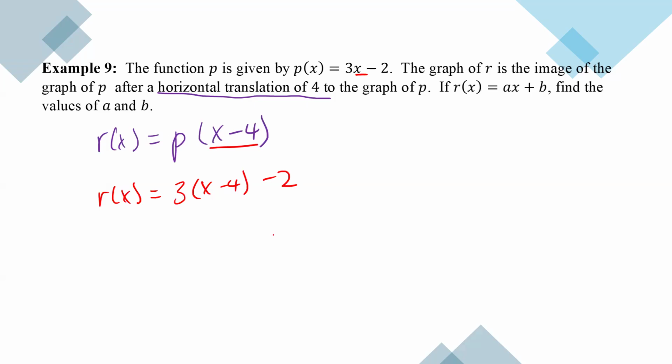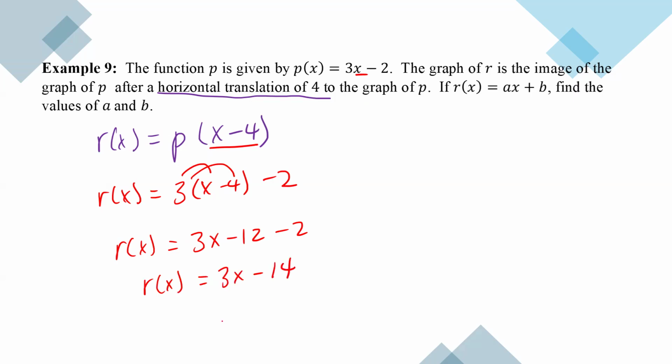So x minus 4 takes the place of x. Yes. And now we just have to clean it up. So R of X equals, distribute. We get 3X minus 12 minus 2, which ends up becoming minus 14. So we have 3X minus 14.